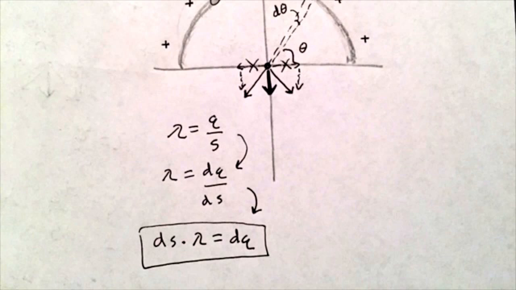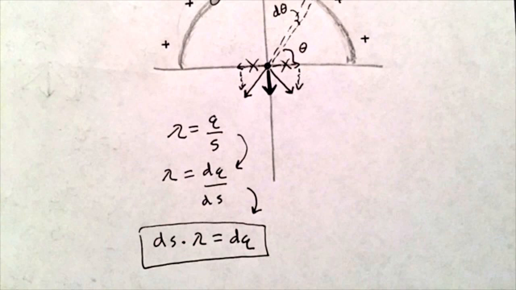With that in mind for later, we also know that the linear charge density, also known as lambda, equals q divided by s, which is charge divided by arc length. So lambda equals that small charge defined earlier over that small arc length defined earlier.